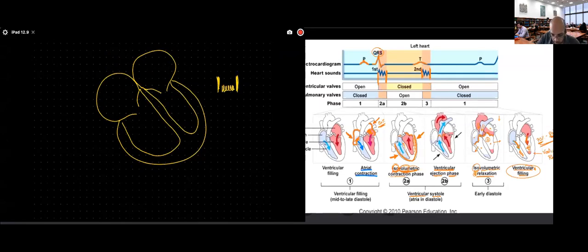So this means the abnormal sounds that I hear are during what? If this is my first heart sound, and this is my second heart sound, is it during ventricular contraction or during ventricular relaxation? What do you think?